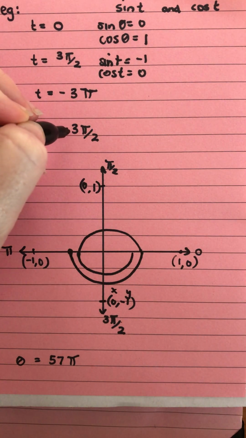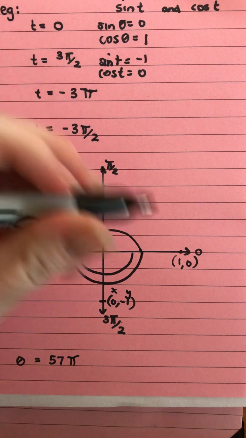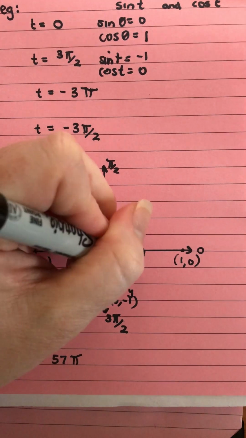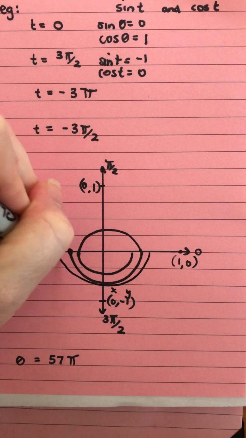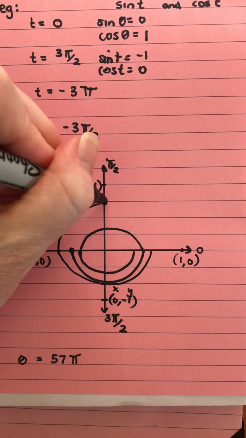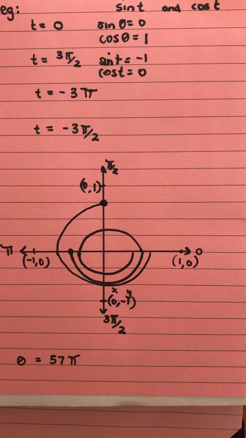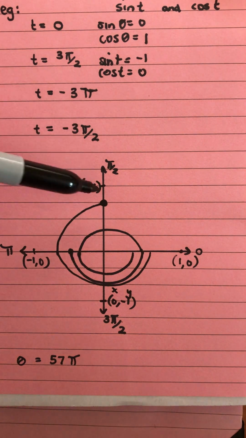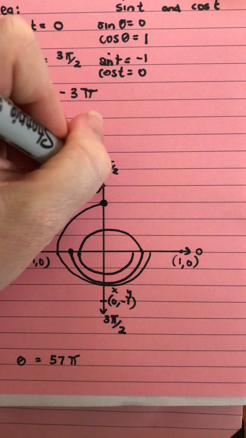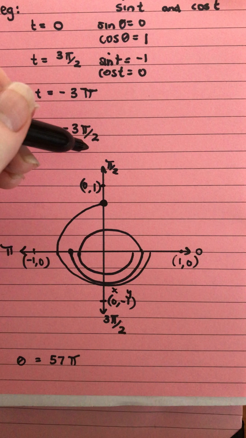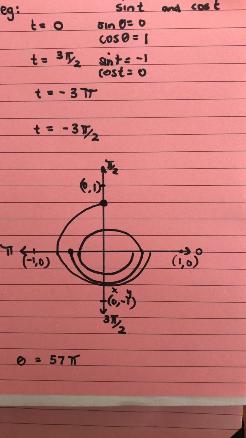Then we've got our -3 pi on 2. So if we've gone round, that will bring us around to -3 pi on 2, which is going to be here. So then our sine t is going to be our y value, which is 1. So I should have drawn that up the top here, sorry. And our cos is going to be the 0. So we've got our cos t is 0.